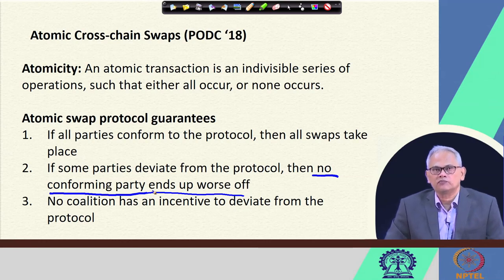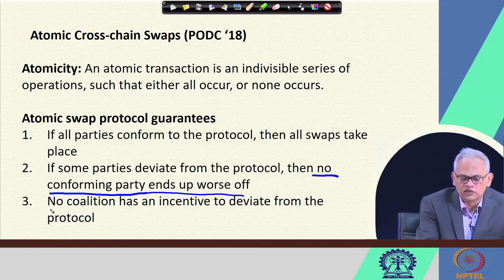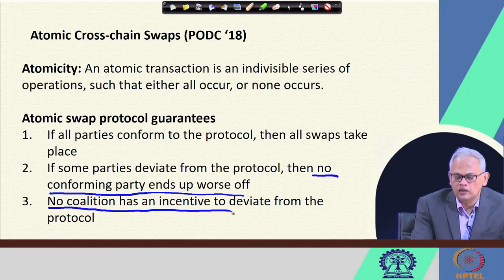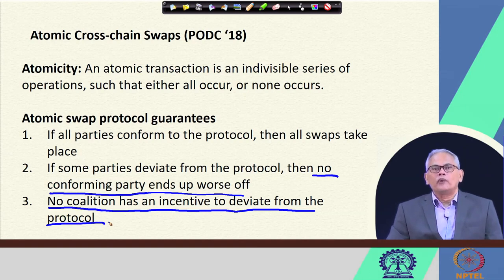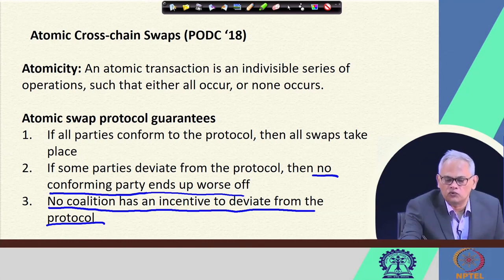That should not happen. And if some of the people try to form a coalition, then by doing that also they should not be able to gain much. There should not be any incentive to form a coalition that would try to deviate from the set protocol. So, we will see how it actually works.